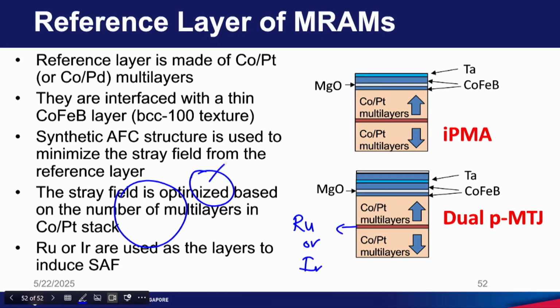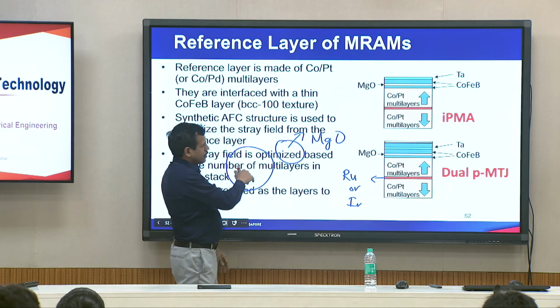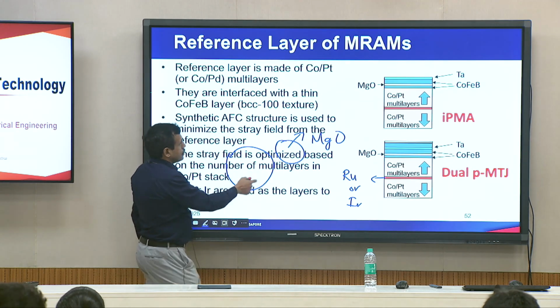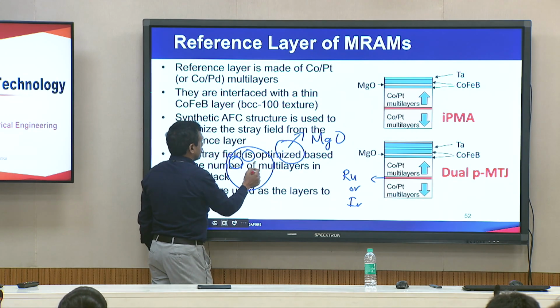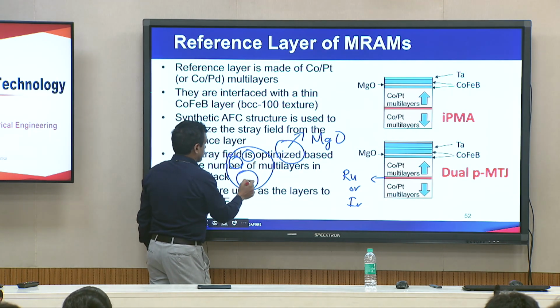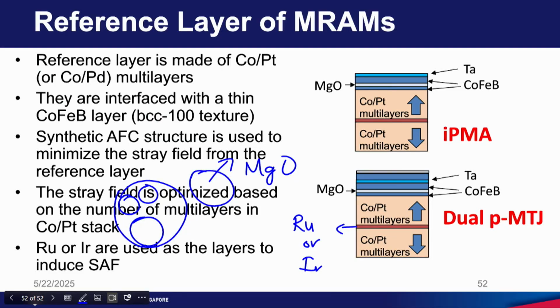Usually they will have 1 chamber for oxide deposition, for example, magnesium oxide you want to deposit. So there will be a dedicated chamber where you deposit magnesium oxide. Let's say you deposit cobalt, platinum, cobalt and boron, and say tantalum. So there will be 1 chamber for such targets.